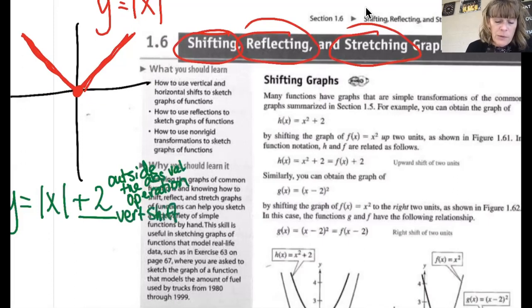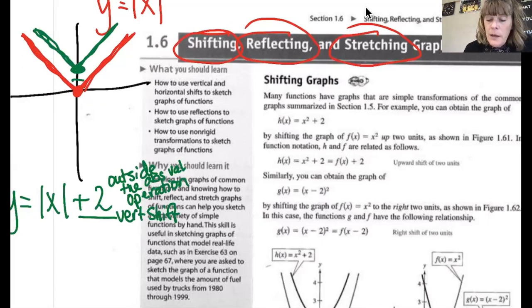So what we would do is take this graph and move it up 2 places. So I move my vertex up 2 places and I still have a 45-degree angle. So it's just the same graph, just shifted up 2 units.